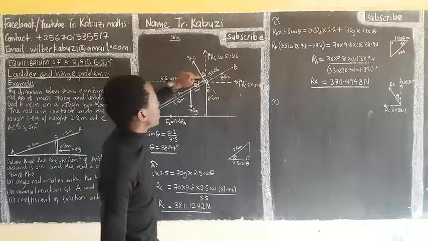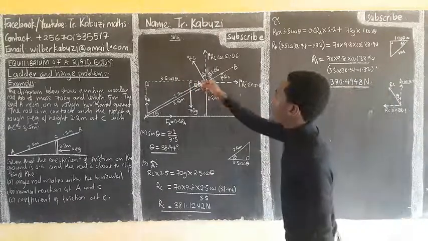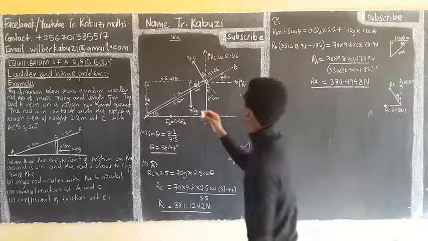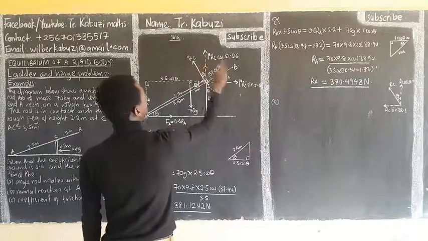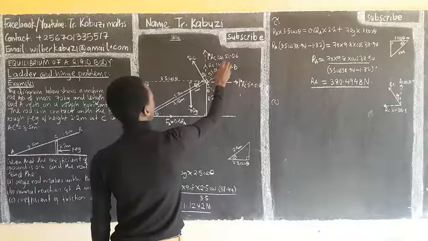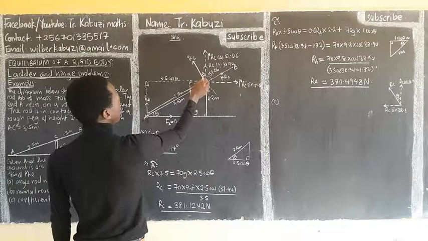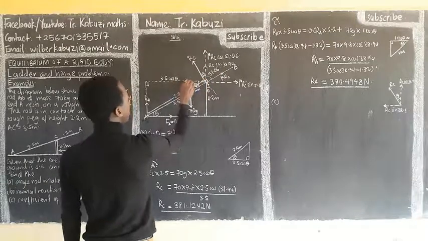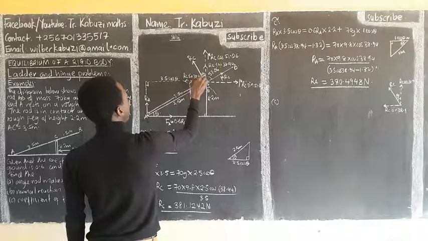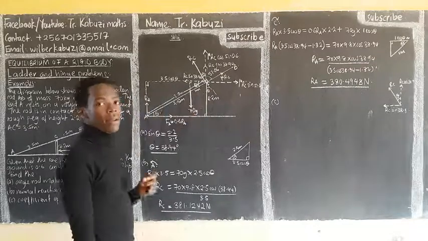When you resolve RC, we get the vertical component. Now, because this is adjacent, it is RC cos 38.94. Then its horizontal component is going to be in this direction here, which is RC sine 38.94. You can take moments here or here, but that one is going to be the lengthened method.